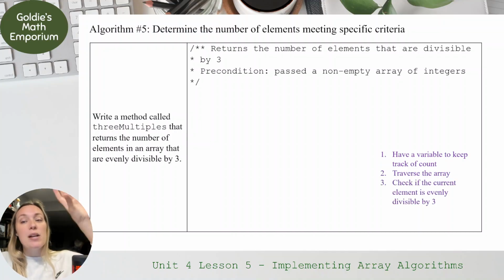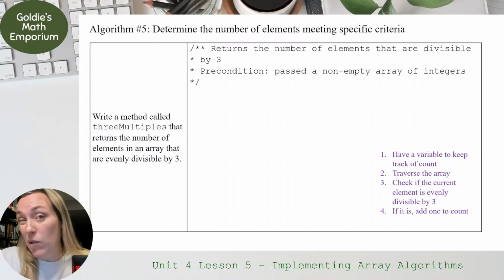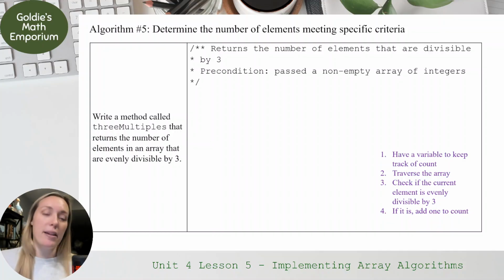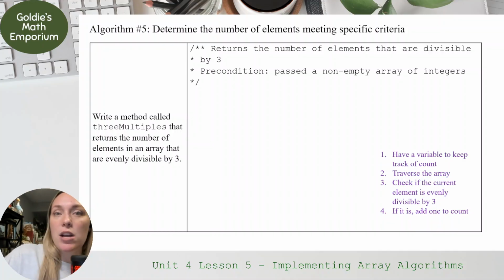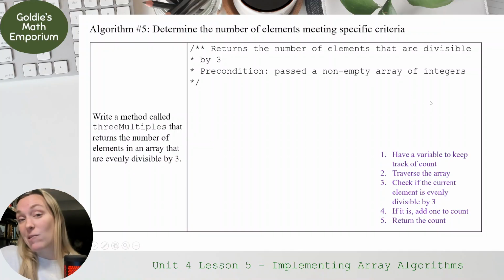Take that element, check if it's divisible by 3, and if it is, you're going to add 1 to count. Okay? If it's not, you don't want to do anything. Okay? Nothing happens. So we'll only have a single if statement because of that. No else statement because we don't want to do anything if it's not divisible by 3. Okay. And then I return the count.